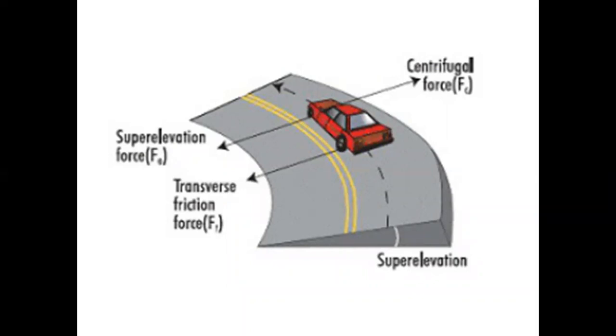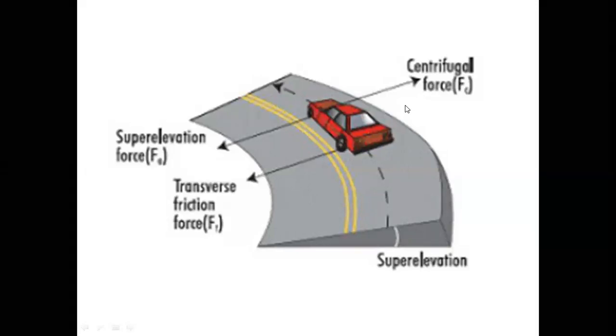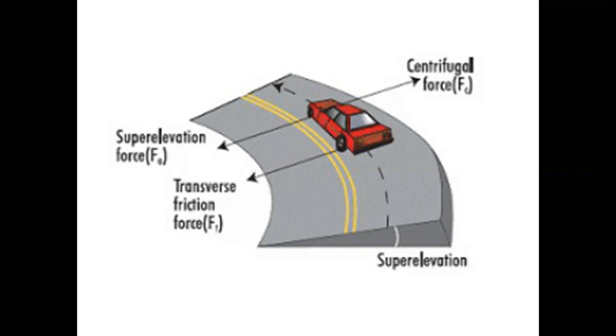In order to counteract the effect of the centrifugal force and to reduce the tendency of overturning and lateral skidding, what are you going to do? You're going to raise the outer edge of the pavement of the horizontal curve, with respect to the inner.